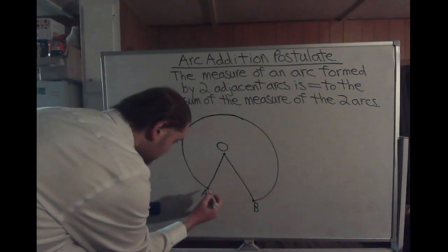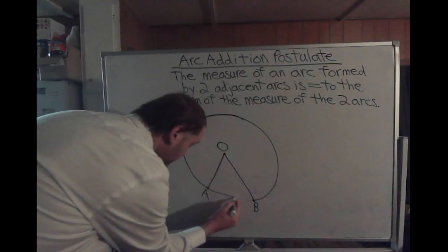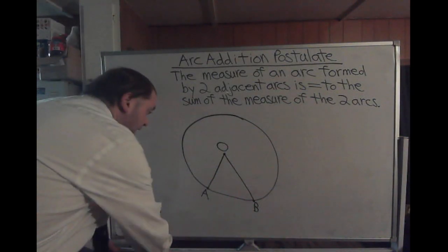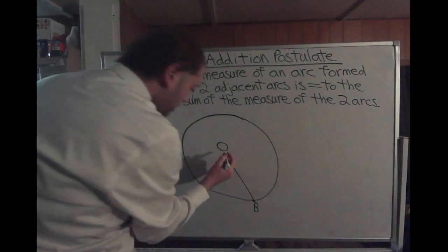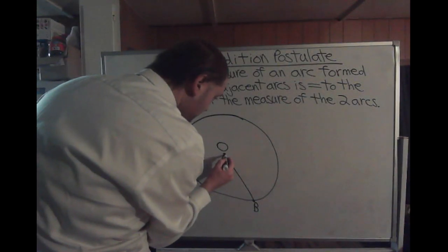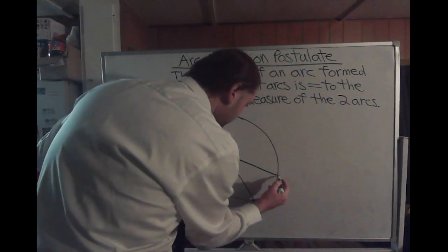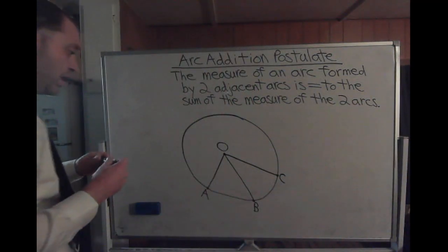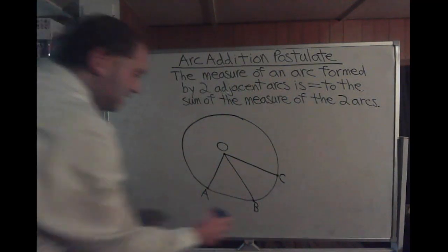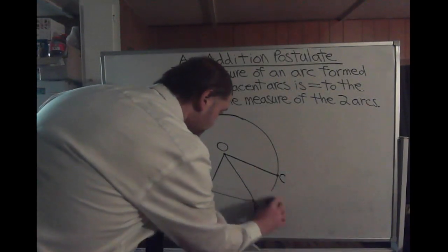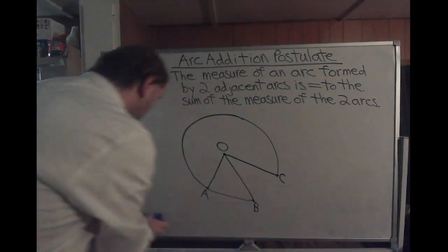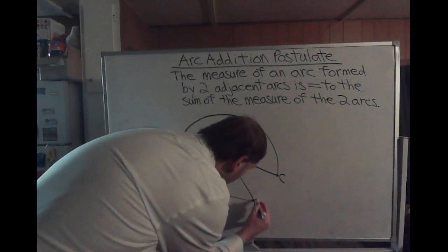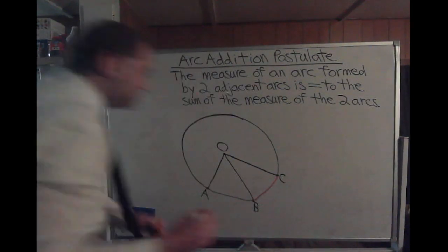So I'll make this purple so I can really illustrate this postulate. And then for good measure, let's draw another radius to a point C. I think this time from B to C, I'll make that red, so we can really appreciate what we're talking about here with this postulate.